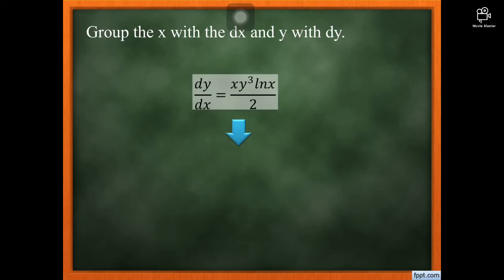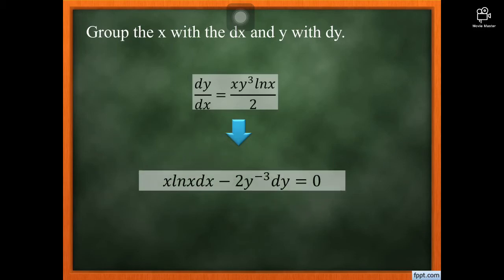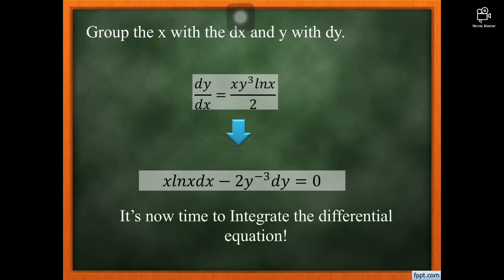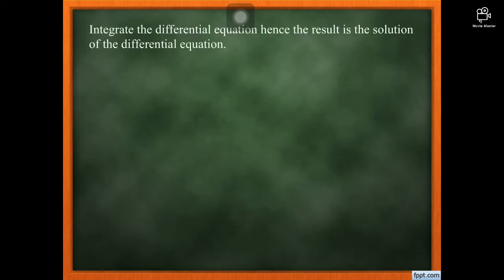Grouping x with dx and y with dy gives us x ln x dx minus 2y raised to negative 3 dy is equal to 0. So it's now time to integrate the differential equation to get its solution.